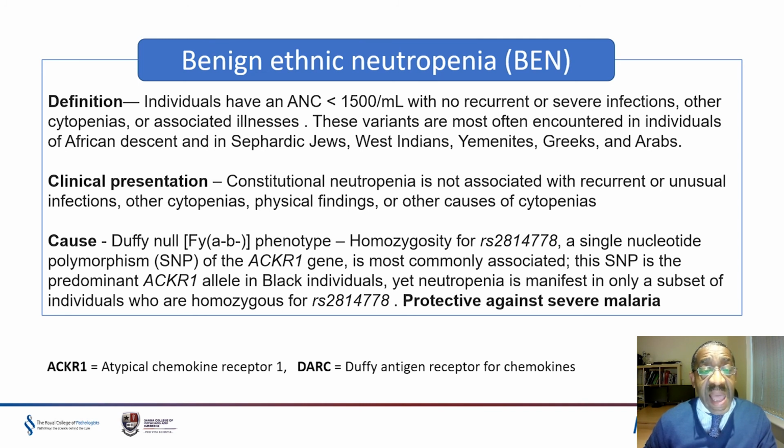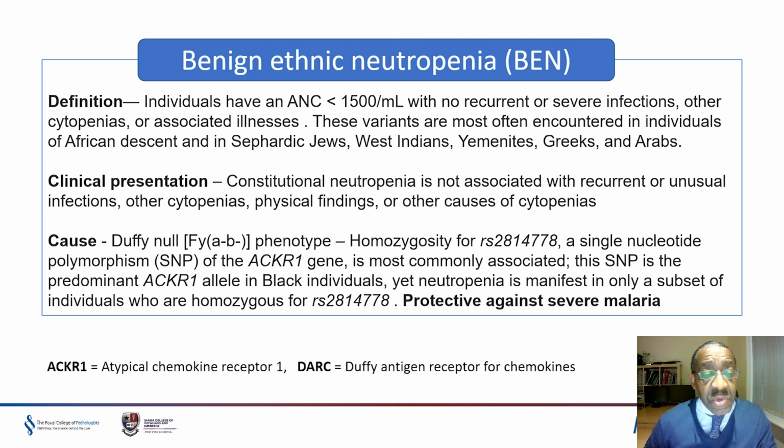It presents with a constitutional neutropenia. It's not usually very severe, but neutrophil counts are less than the normal expected for age-matched controls. Not usually associated with recurrent or unusual infections, no other blood count abnormalities. There are no specific physical findings, and usually we find no associated causes.